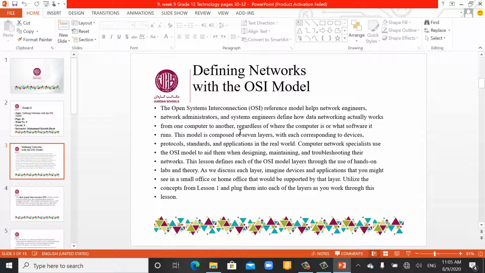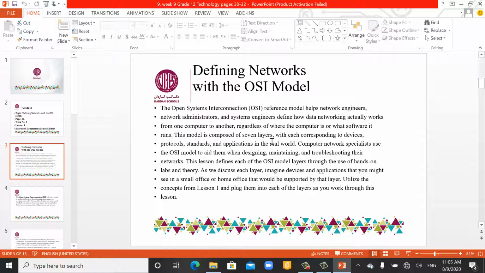From one computer to another computer, regardless of where the computer is or what software it runs. You should know the software, how the software runs the network, how the software sends, and how we use the devices in the network. You should be familiar with the networks. And here, be careful. This model is composed of 7 layers.